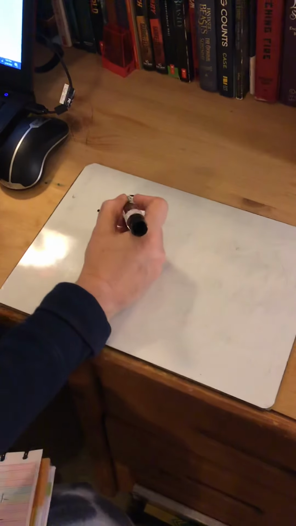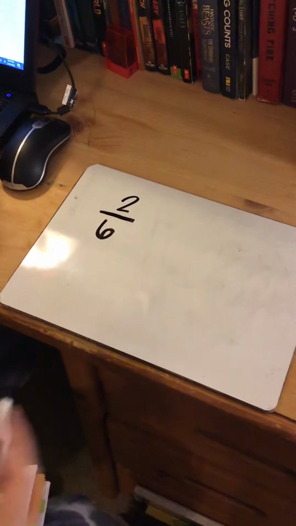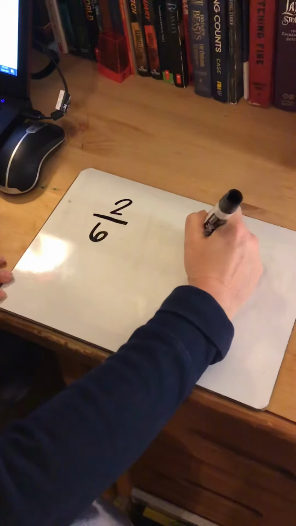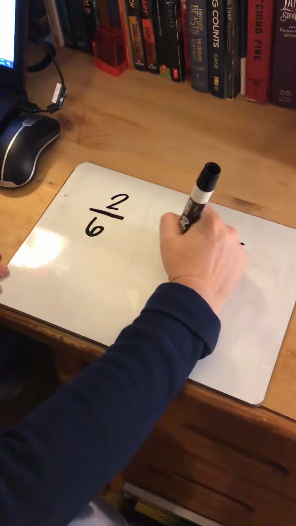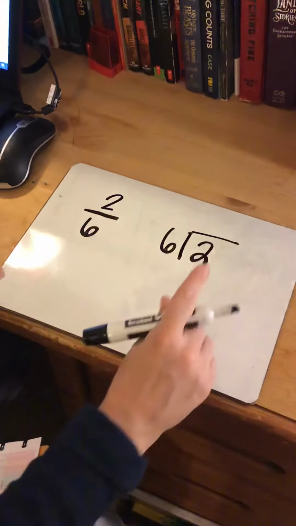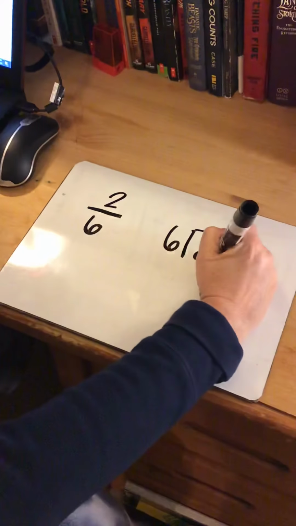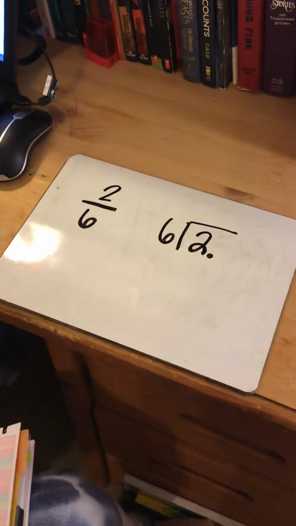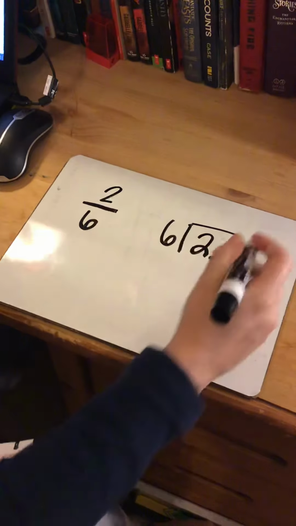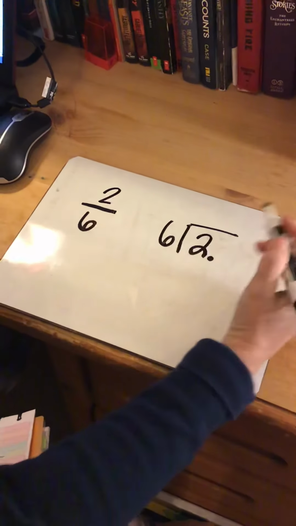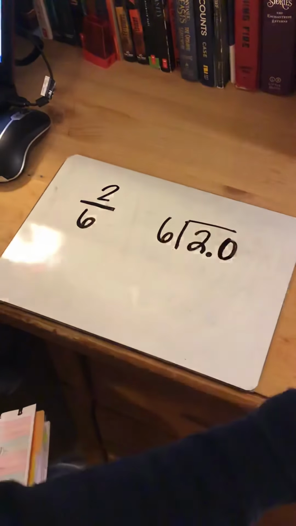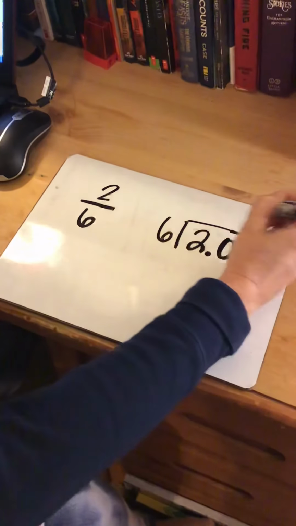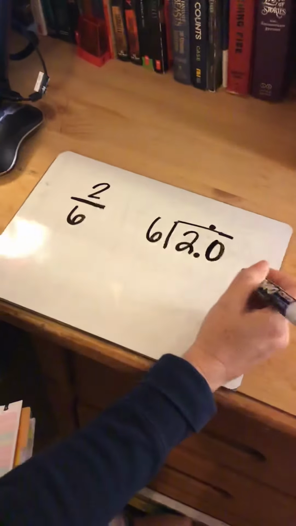So we can figure it out by going 2 divided by 6. Now remember, 2 also is 2 with a decimal point after the 2. So 6 can't go into 2, but I can add as many zeros as I need to. So move the decimal straight up.